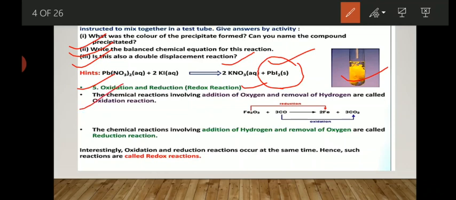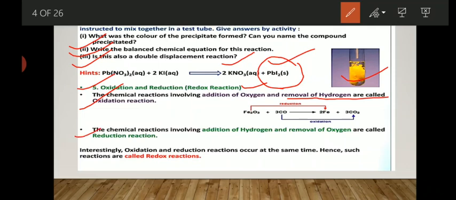The chemical reaction involving addition of oxygen and removal of hydrogen is called an oxidation reaction. Whenever you see an addition of oxygen or removal of hydrogen, that type of reaction is known as an oxidation reaction.